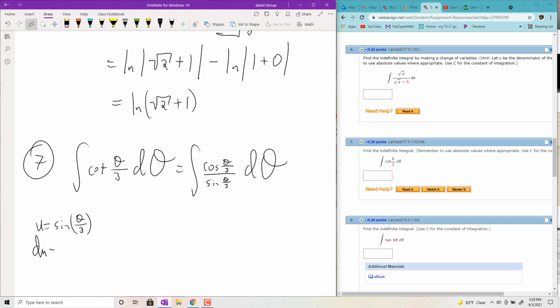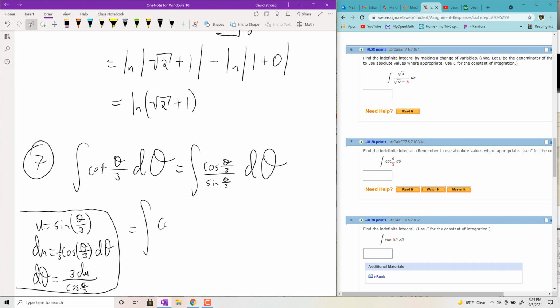So du, the differential there, is cosine of theta over 3, then you have to do a chain rule. So the derivative of theta over 3 is 1/3, and then d theta. And then solve for your d theta. Dividing both sides by cosine of theta over 3 is going to give you 3 du all over cosine of theta over 3.